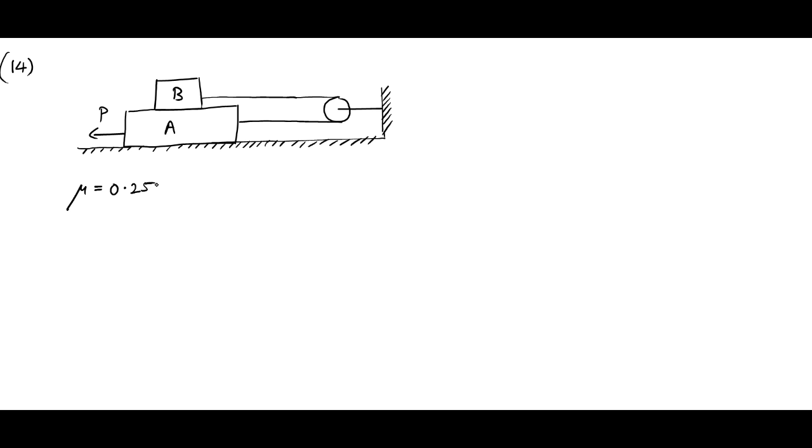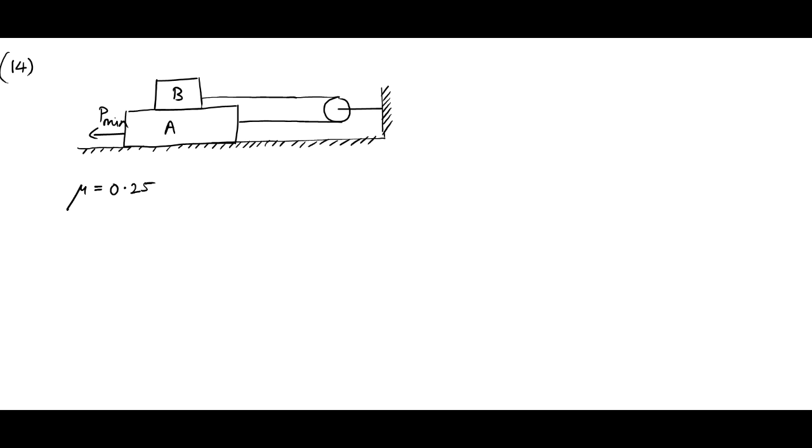Now since mu s and mu k, the static and kinetic coefficients of friction, are not given separately, we assume that both of them are individually equal to 0.25. Mu s is equal to mu k is equal to 0.25. So we want to find what is the minimum force P minimum, to start this system moving.